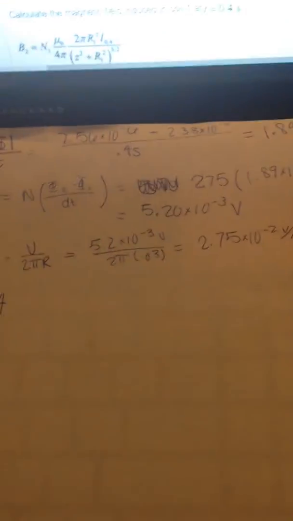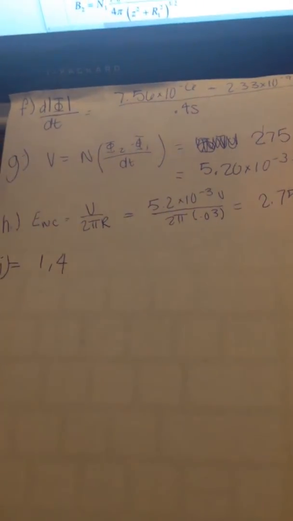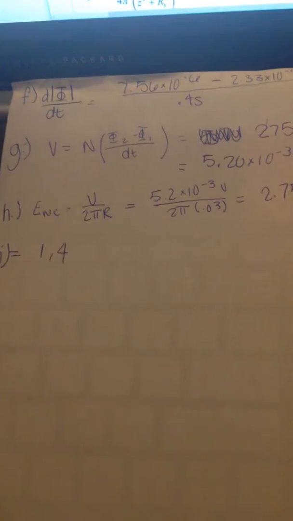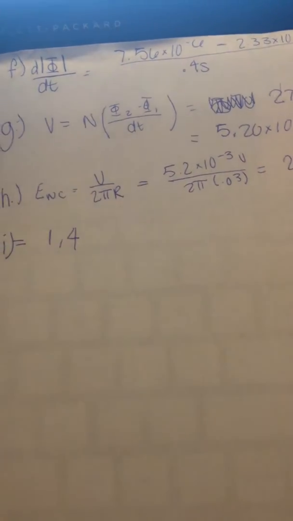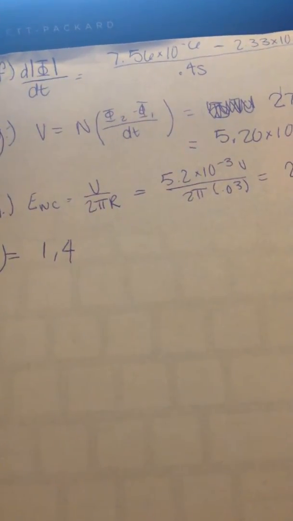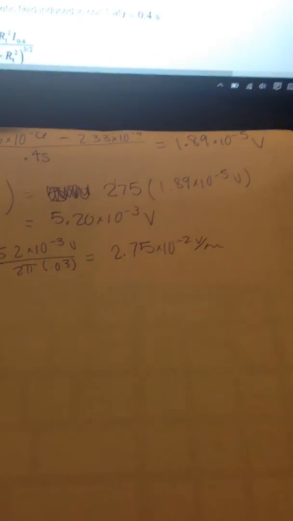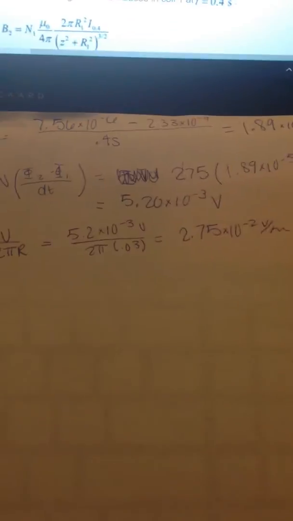We just got to make sure we have our formulas correct, make sure we change anything before we plug in numbers, because that's going to help make sure we get the answer correct. And in part G, we were supposed to figure out what's the reading on the voltmeter. So we know voltage is equal to the number of turns times the flux 2 minus the flux 1 over dt. Same thing with that, just plugging and chugging, putting those numbers in there and getting that answer.